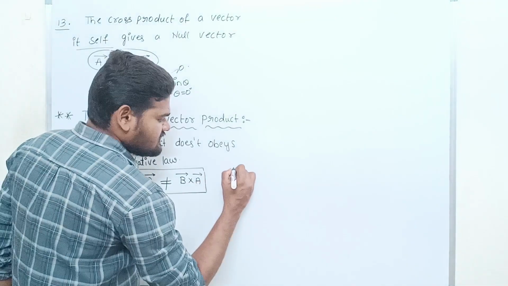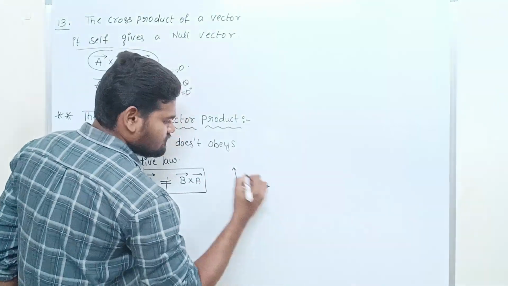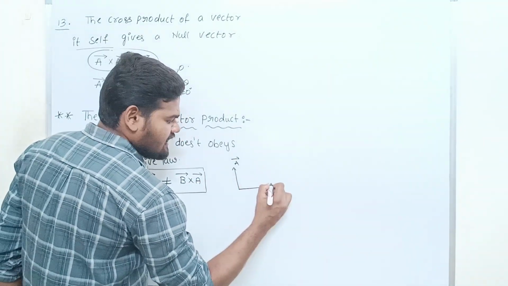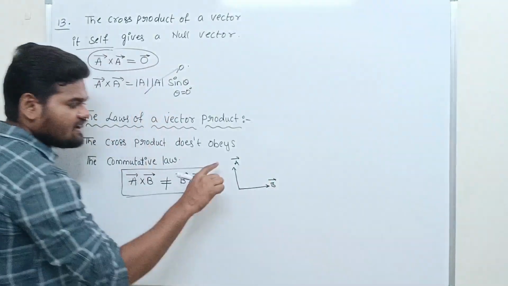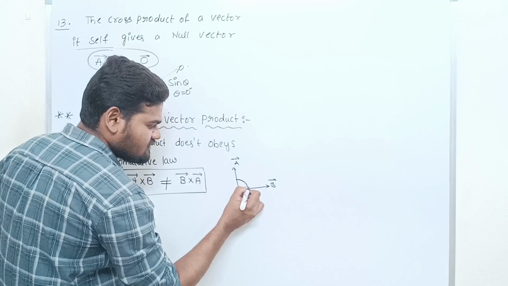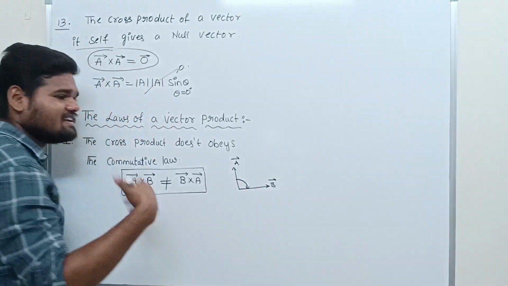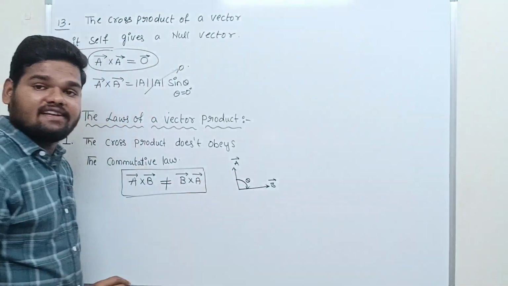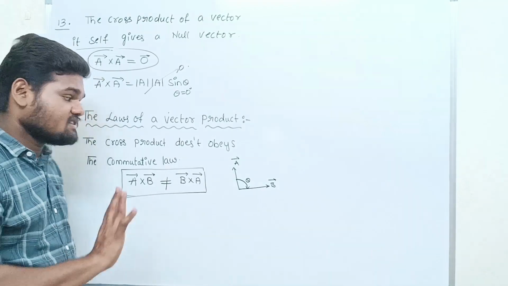Have a look. Here is a vector a bar, and here we have a vector b bar. We are doing a bar cross b bar, from the first vector to the second vector, and let theta be the angle between the two vectors.